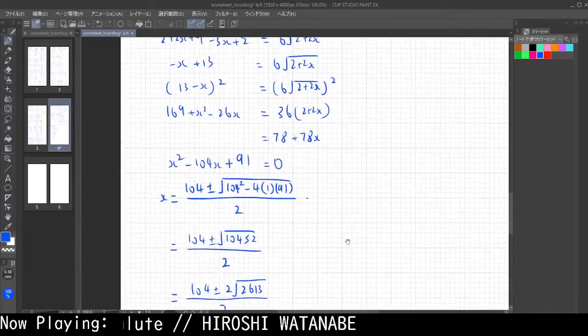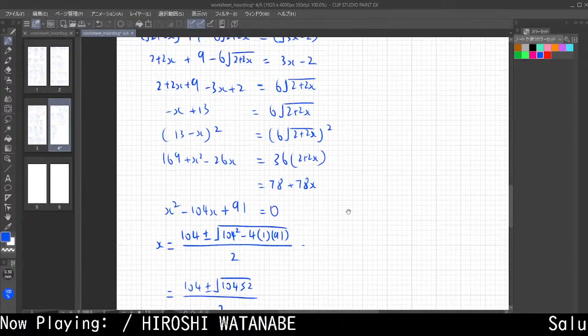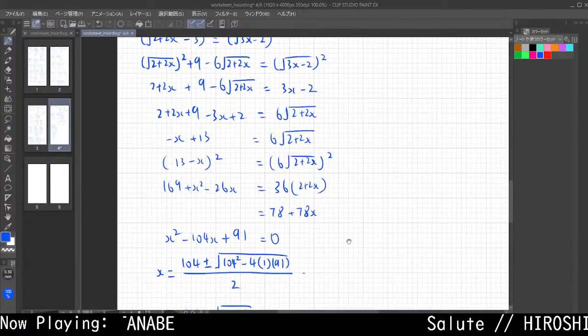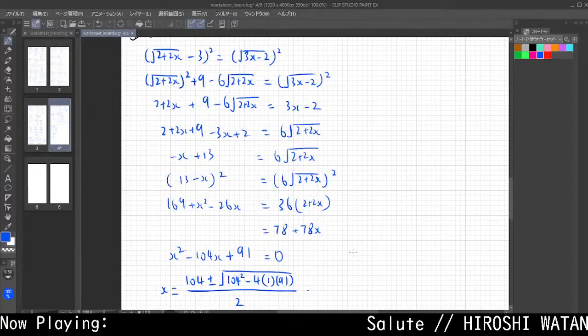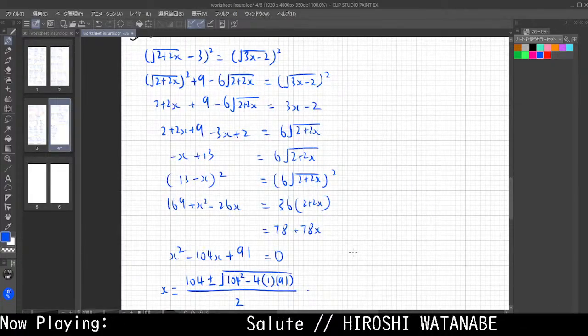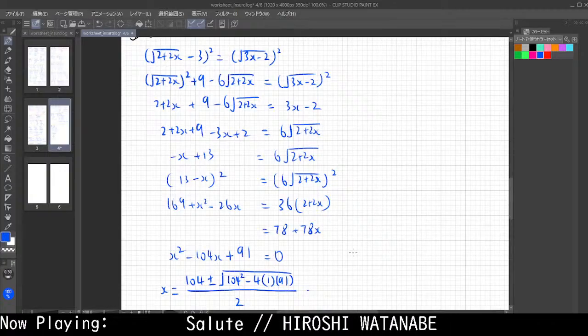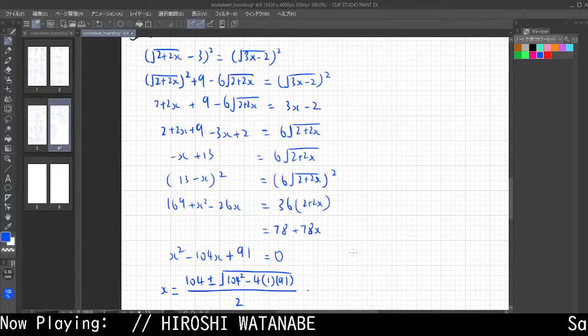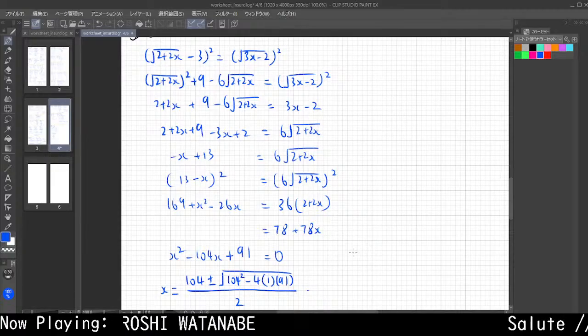So let me just double check. 6. Yeah, 6 squared is, and 13. Yeah, 13 squared is 169.